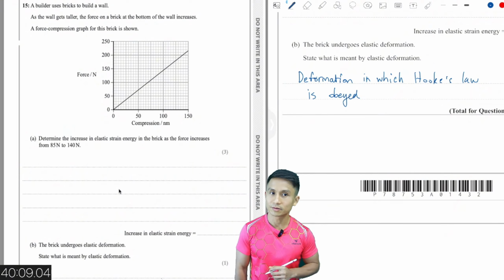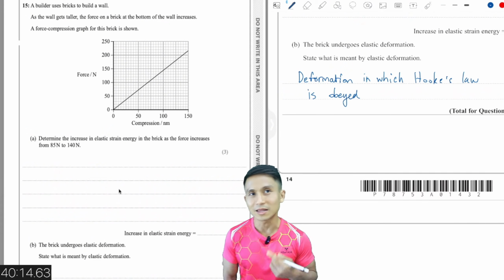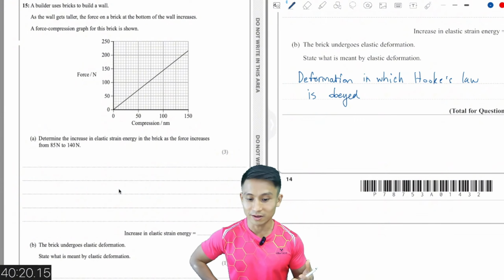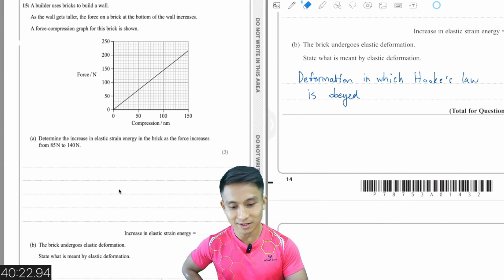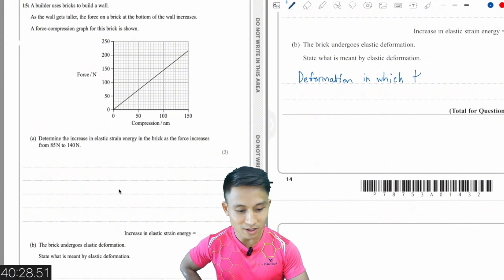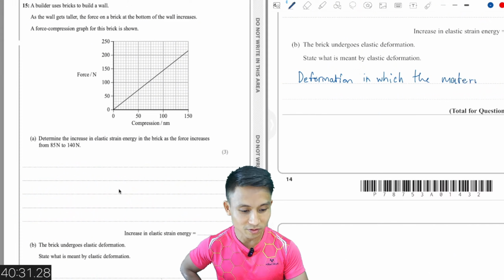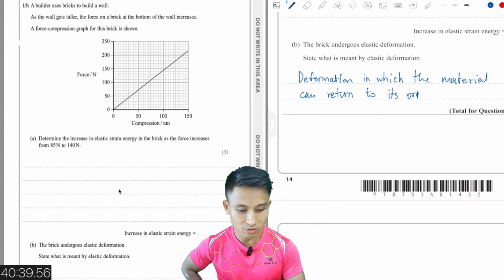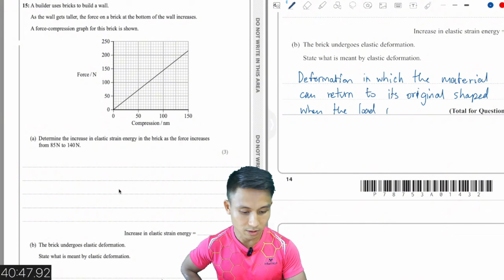Oh wait, hang on. Because I think elastic deformation would be relatable to elastic point. An elastic point is something else. I think it is the deformation under which the material can return to its original shape when the load is released.